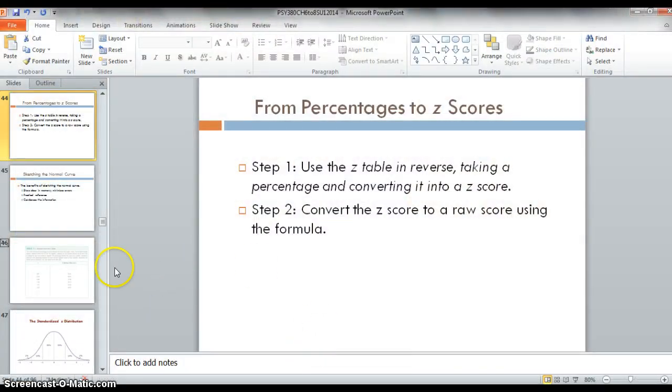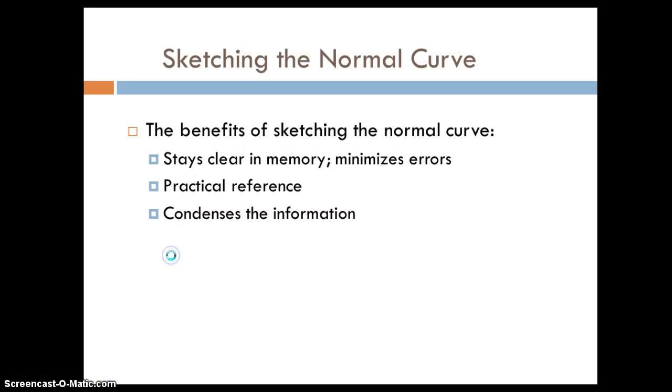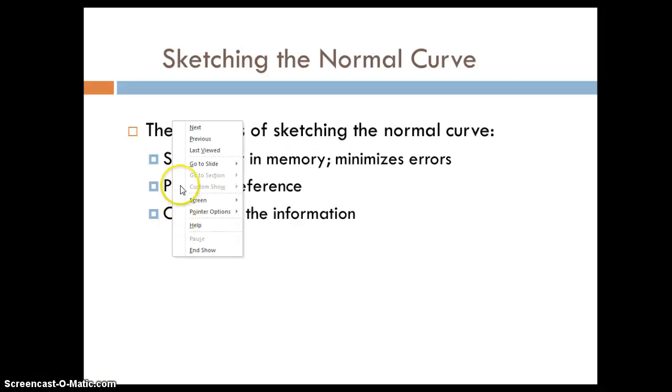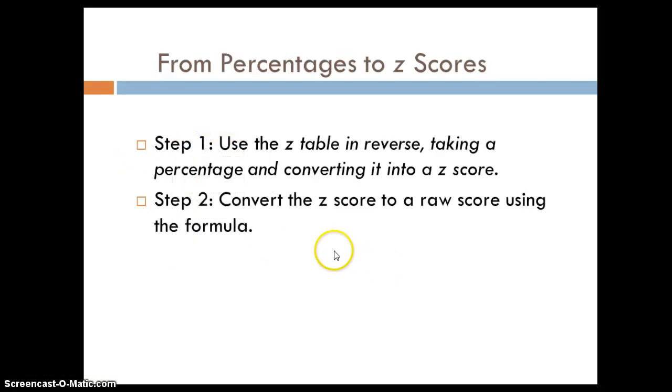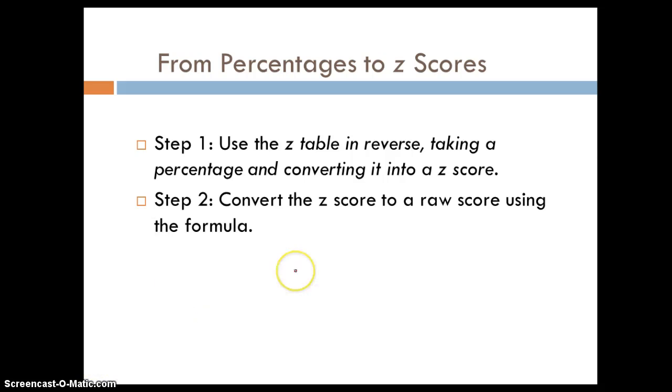And we'll come back over here. The second part of that would be, let me go back for a second here. The second part of that would be then, okay, so let's convert that z-score to a raw score using the formula. And let me see if I can get it to let me, here we go, here's a pen. Okay, so let's say then that we have this negative 1.04.